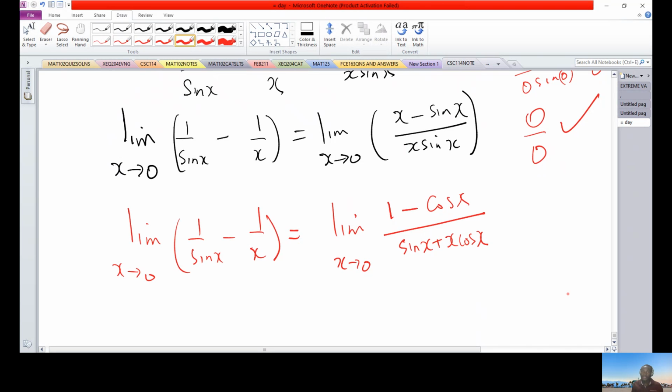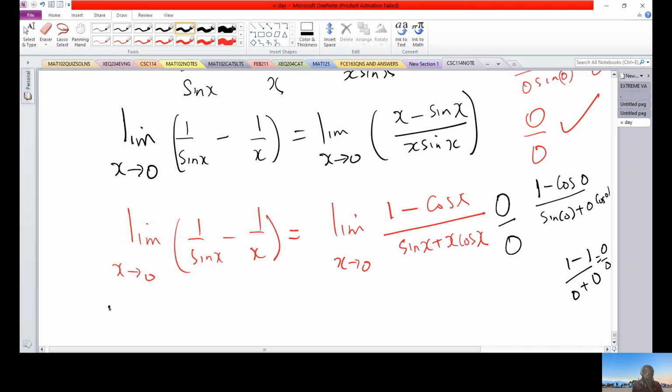And then let's try to see whether this time round we have the answer. So we have 1 minus cos of 0 over sine of 0 plus 0 cos of 0. So 1 minus cos 0 is 1 minus 1, 0. Sine 0 plus 0 times cos 0 is 0. So this is 0 over 0.